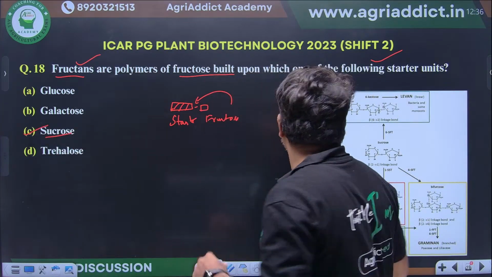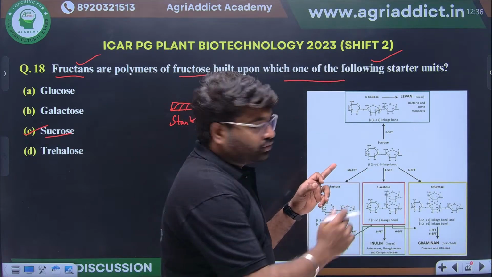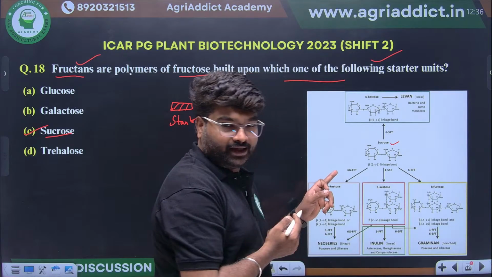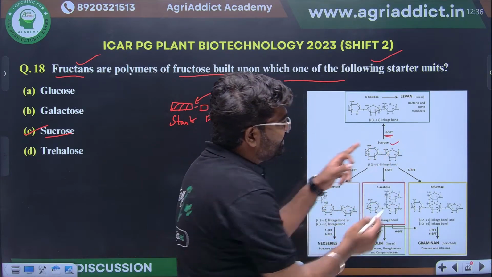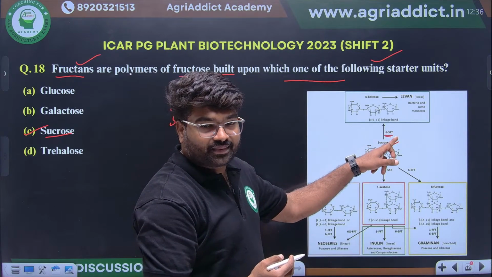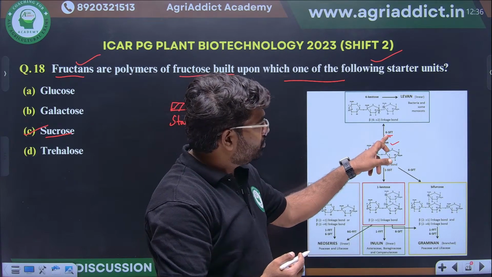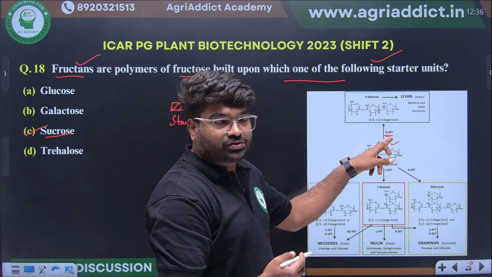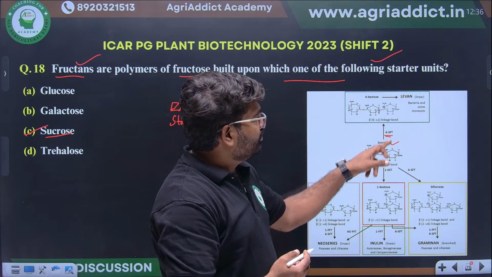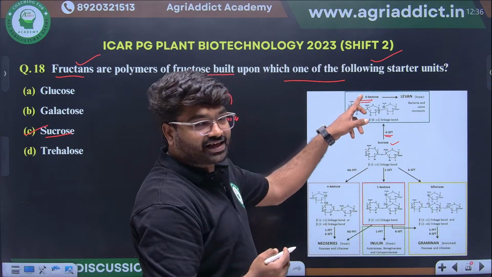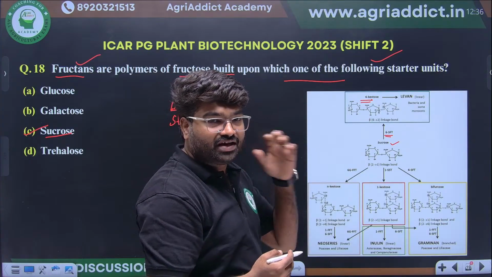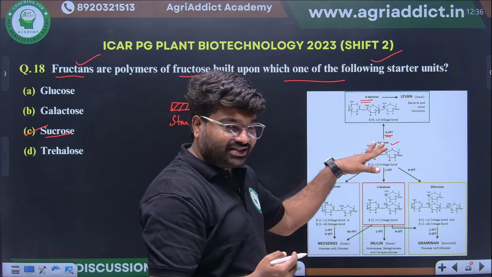You see this figure. First, sucrose molecule will be there. Sucrose fructosyl transferase: from another molecule of sucrose, a fructose molecule is transferred here. Because of that, the fructan was formed, that is 6-kestose. You have to just remember sucrose is the basic unit.